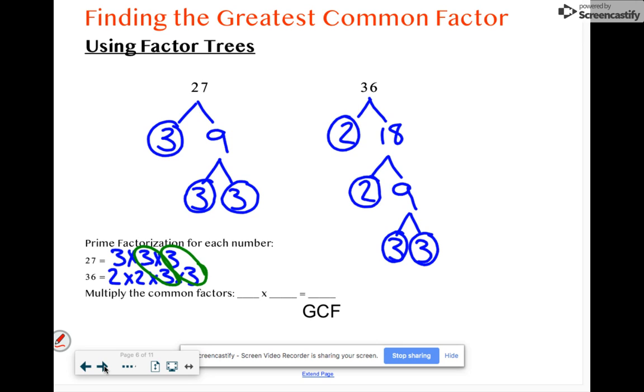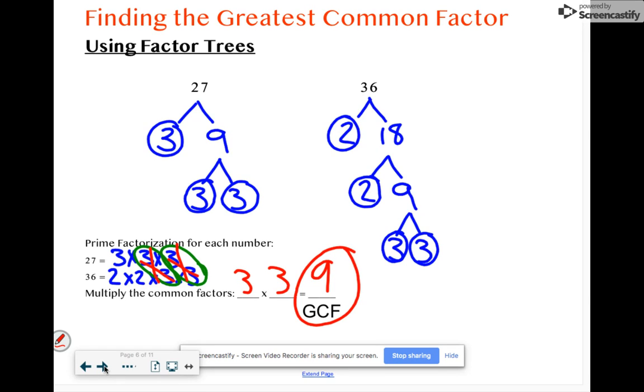So since 3 is in common, I'd write down the 3. And now they have another 3 that's in common, so I'd write that down. Now there's nothing else in common, so I'm going to multiply the numbers that they have in common. So 3 times 3 is 9, which would make that the greatest common factor.